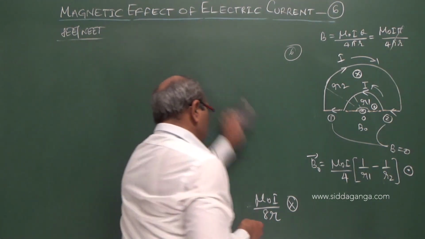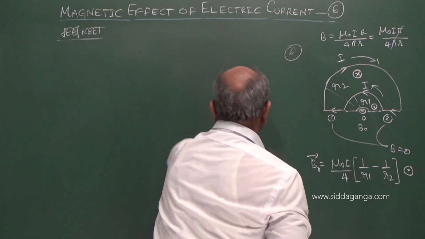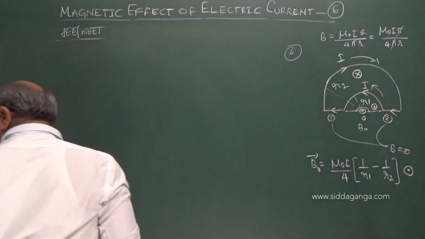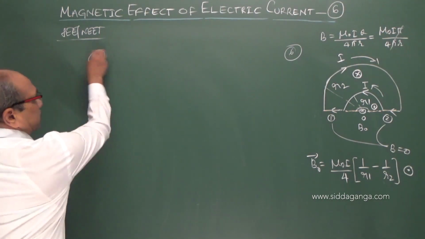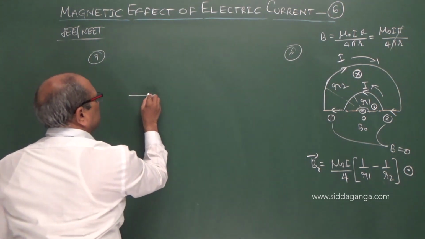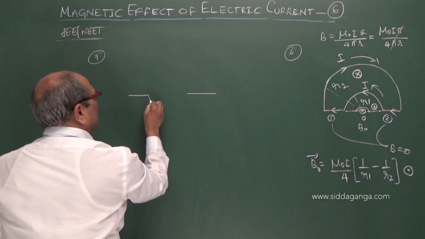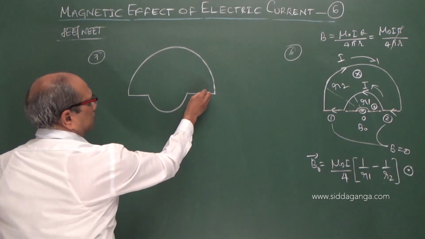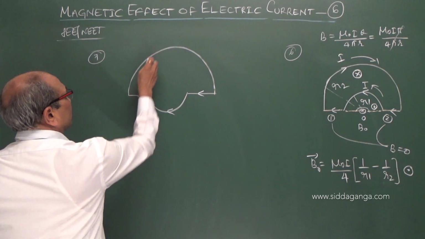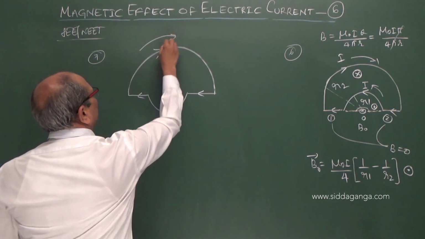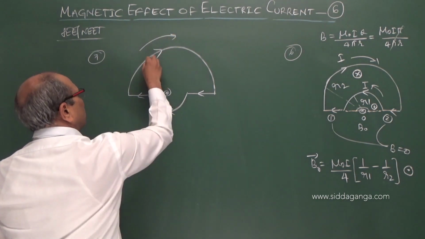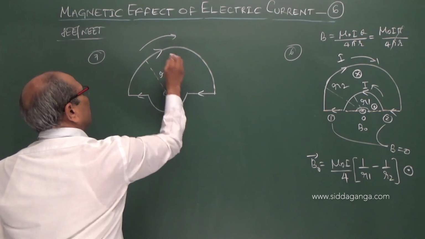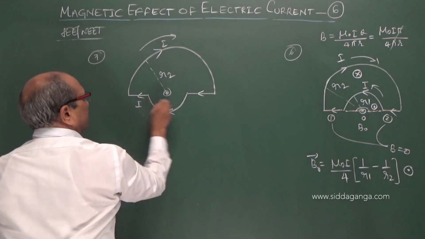Suppose in that small change we did, we get another equation. Suppose the shape is similar, now like this. So let us take the curve. Here clockwise, and the center to this is R2, and the current is the same.